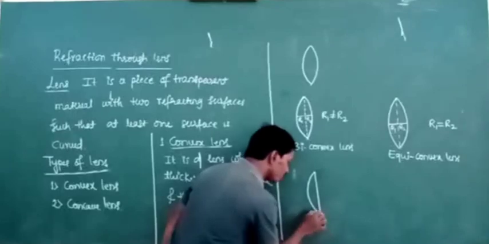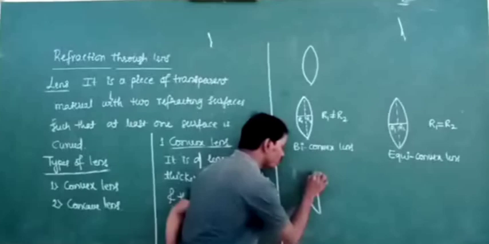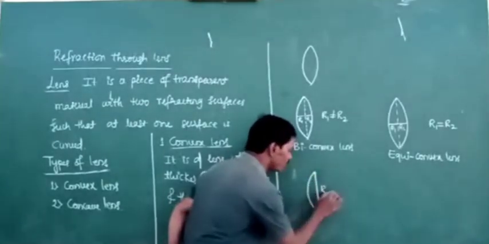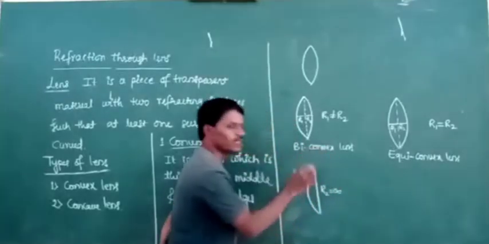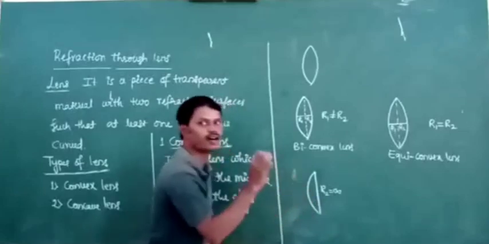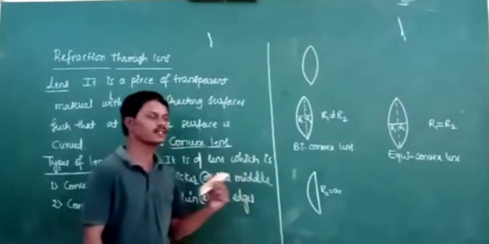It is called planoconvex lens. Then, what is the radius of curvature of this plane surface? That is infinity. I will take it as R2. R2 is equal to infinity. But what is the radius of curvature of this curved surface? That is R. Okay, that is not equal to infinity because it is a curved surface.